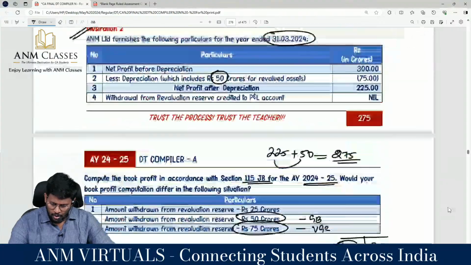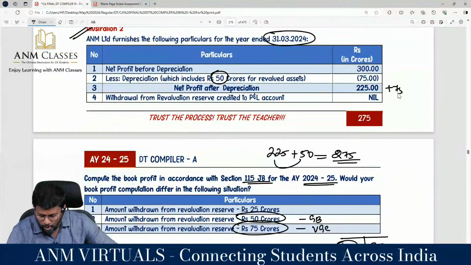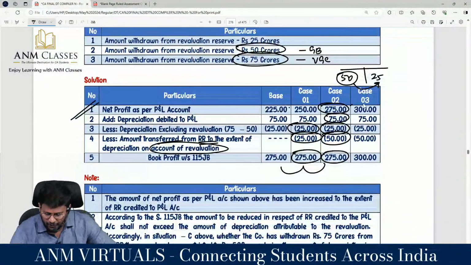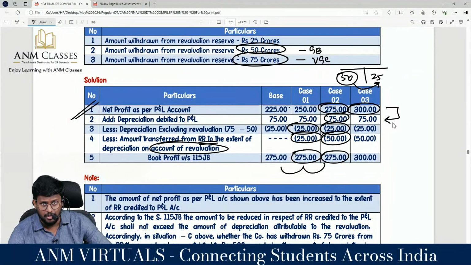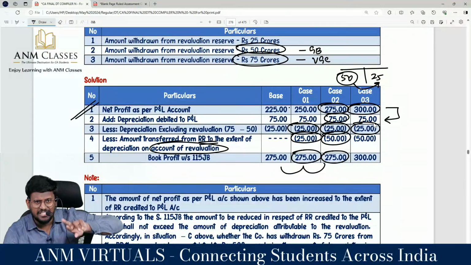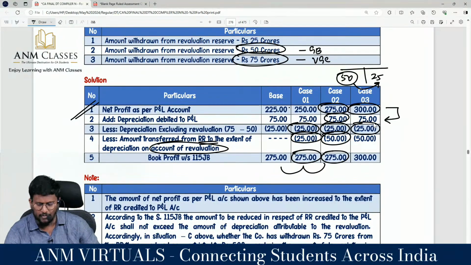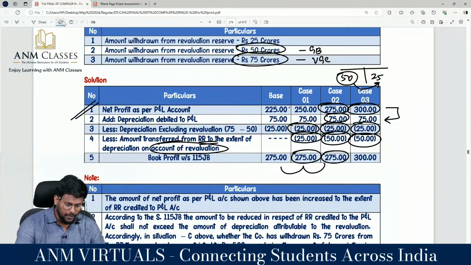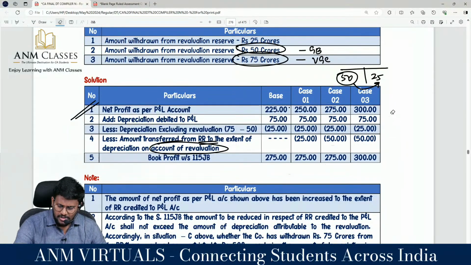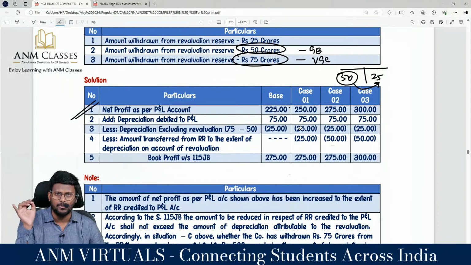So since I have withdrawn 75 crores, 225 plus 75 becomes 300 crore. You will add back the total depreciation of 75 crore. You will reduce the depreciation excluding revaluation reserve, 25 crore. Even though you have withdrawn 75 crore, we will not allow you to withdraw 75 crores, my dear lovable students.